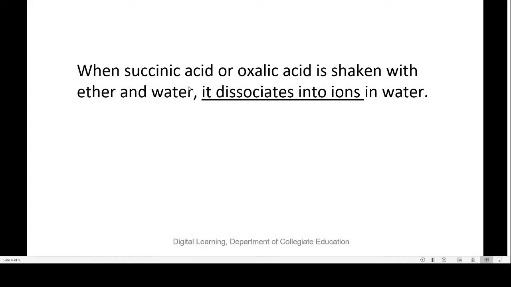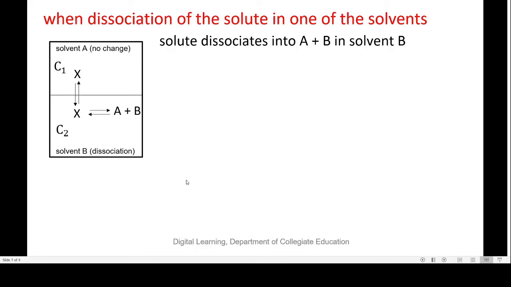So this also is not in the same molecular state in both the liquids. It is in a different state. Suppose solute X is added to a mixture of solvent A and solvent B which are immiscible in each other, then let C1 be the concentration of X in solvent A and C2 be the concentration of X in solvent B.